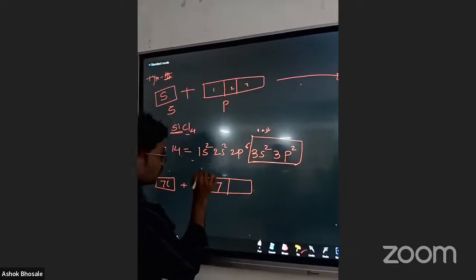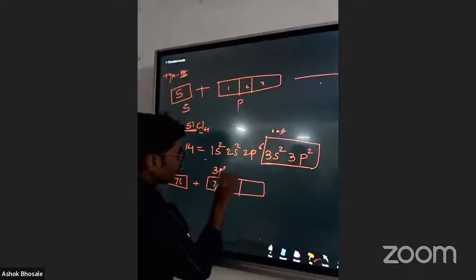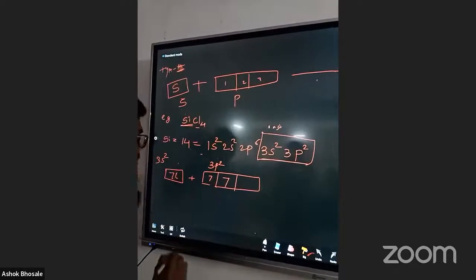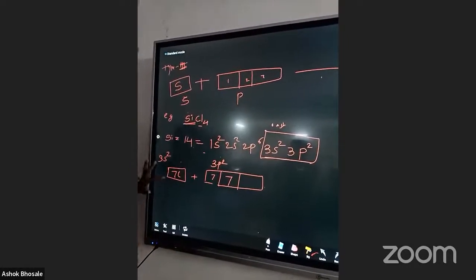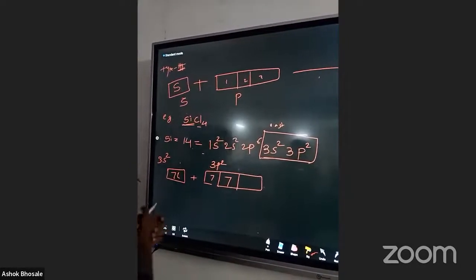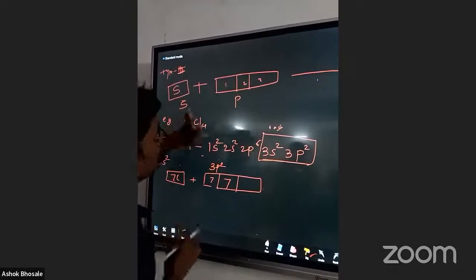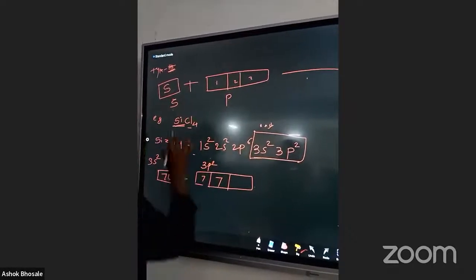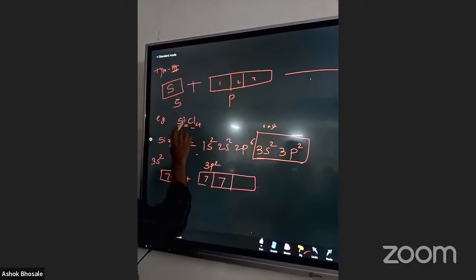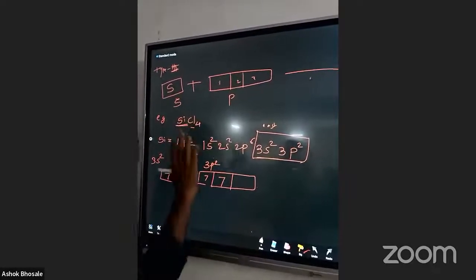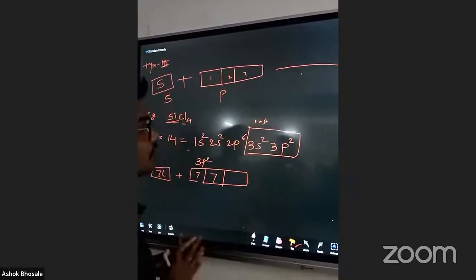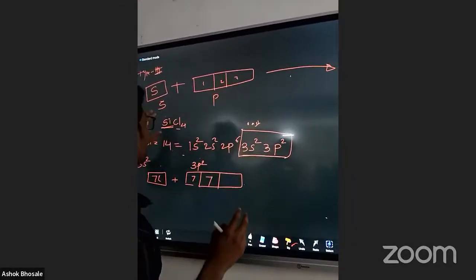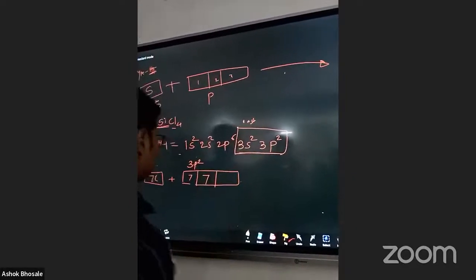This is the 3p2 orbital, and this is the 3s2 orbital. But silicon requires four unpaired electrons. Why four? Because around the silicon there are four chlorine atoms. For four chlorine atoms, silicon must have four unpaired electrons.